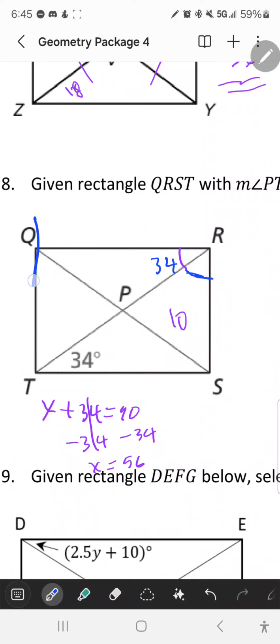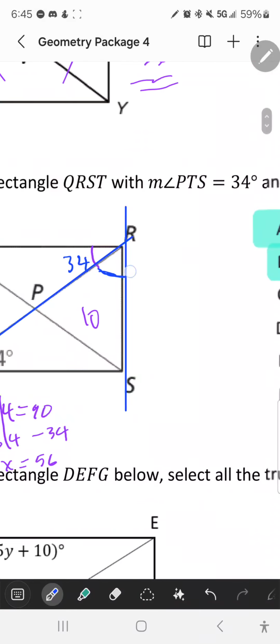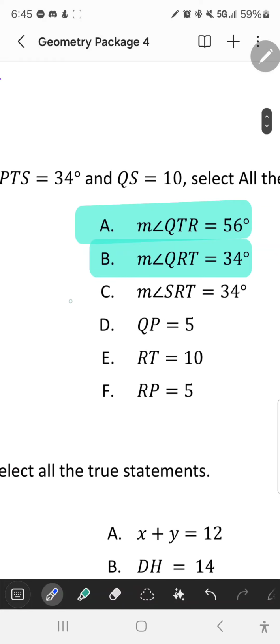Or we can draw these two lines parallel to each other. We know this is 56. They are also alternate interiors, so they are equal to each other. So 34 is not the answer. It is supposed to be 56.